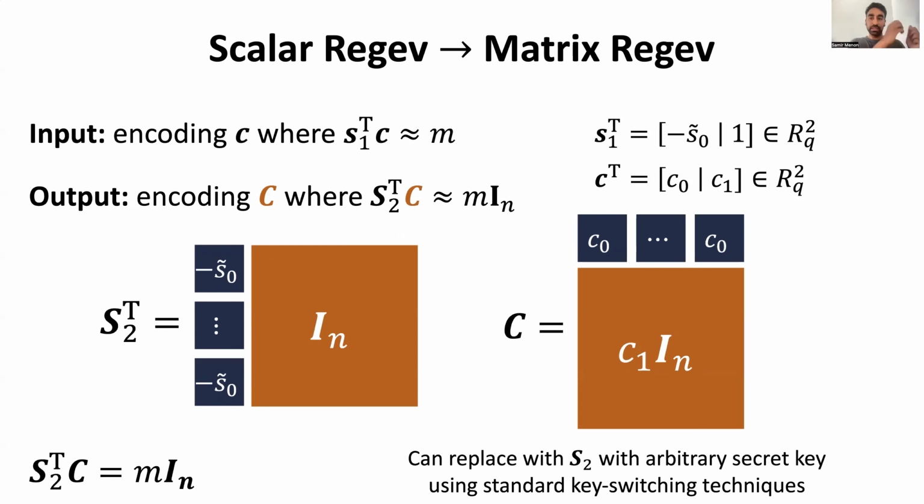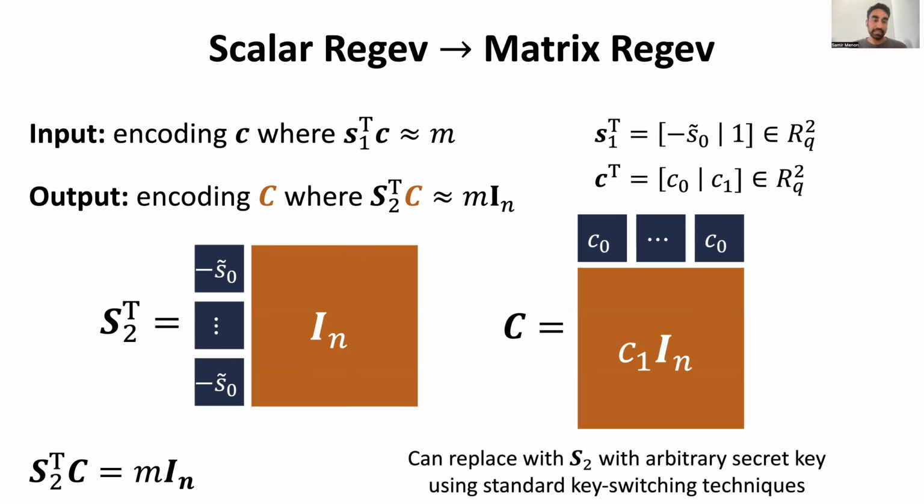Basically, we show that you can concatenate encodings and then just do a generic key switch. So basically, you can get an encoding under one key that is the matrix form, but you just need to do a single standard key switch to get the encoding under an arbitrary key.